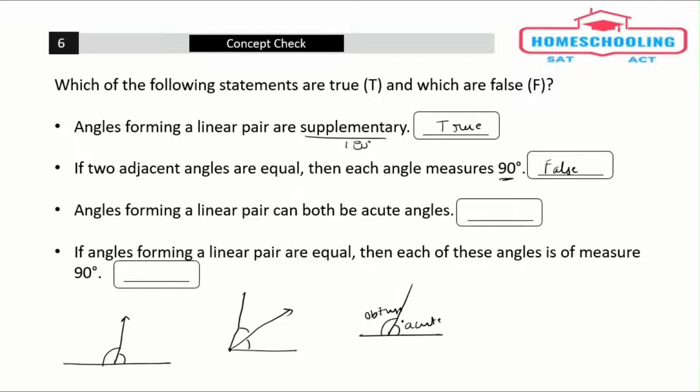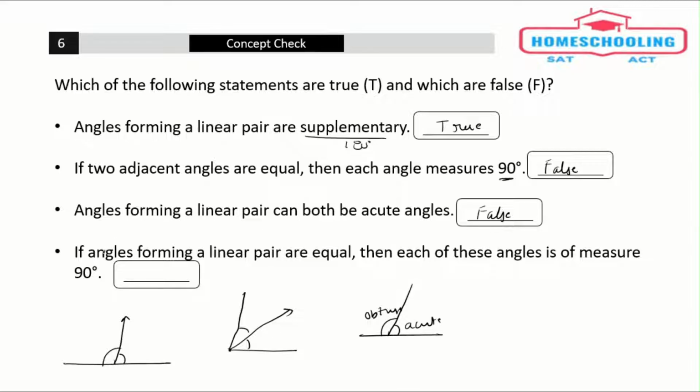Or if one is obtuse, then the other would be acute. So can both be acute? No, this is a false statement. If one is acute, the other would be obtuse, and if one is obtuse, the other angle would be acute.